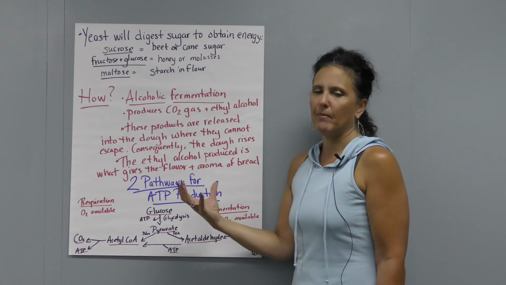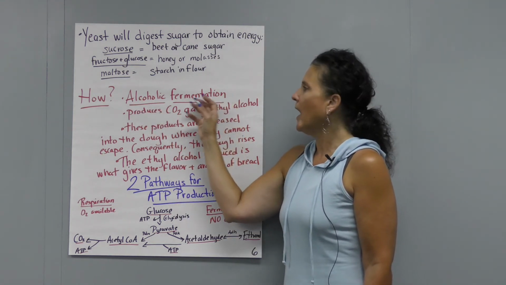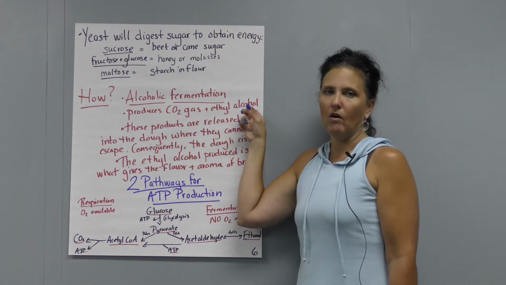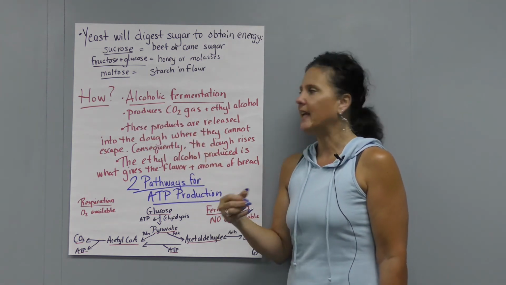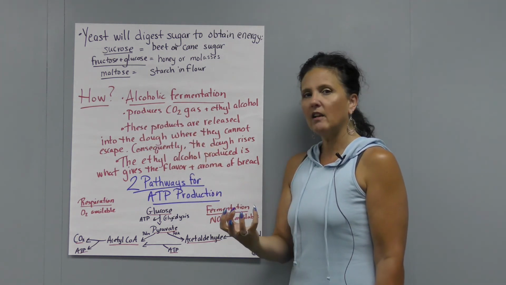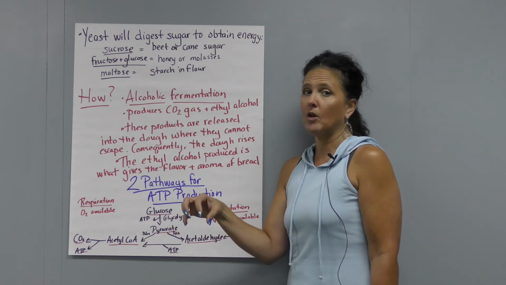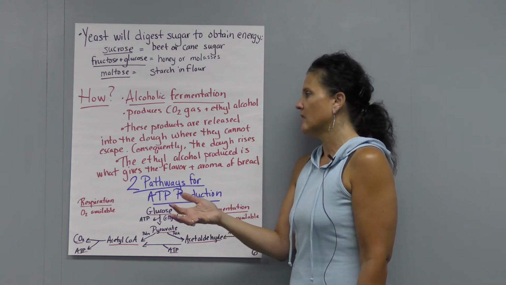So how does that happen? It's a process called alcoholic fermentation. We get alcoholic because one of the products is ethyl alcohol. So it's alcoholic fermentation. It also produces carbon dioxide gas. So when we put that into the dough to leaven it, you put it in warm water, can't be cold water, has to be warm. Remember, we've talked about we have to have the heat for this process to occur.